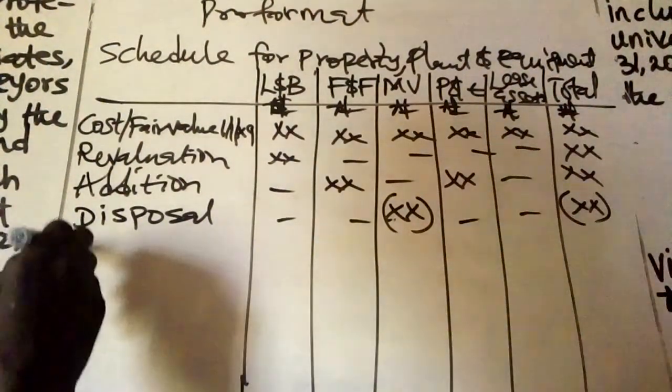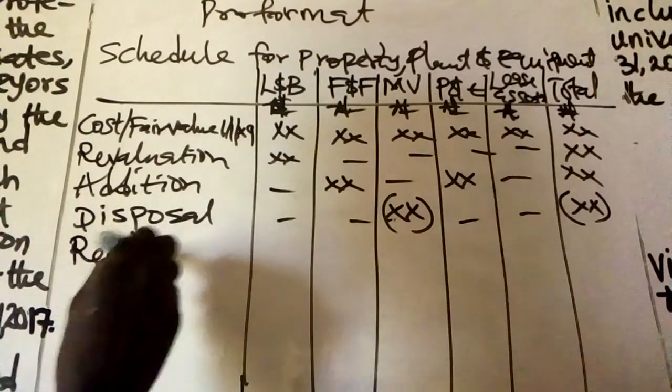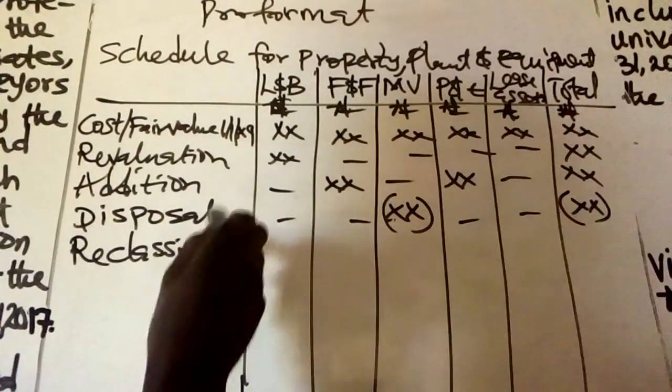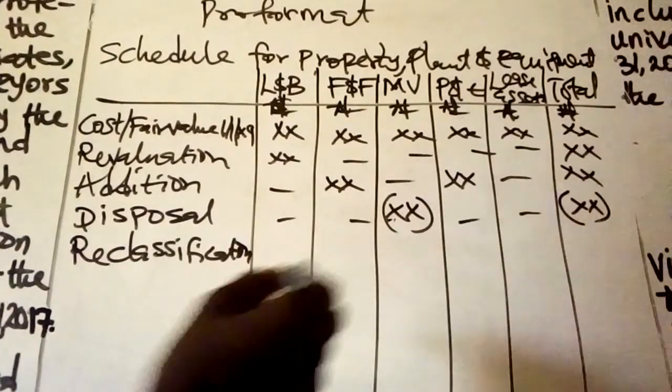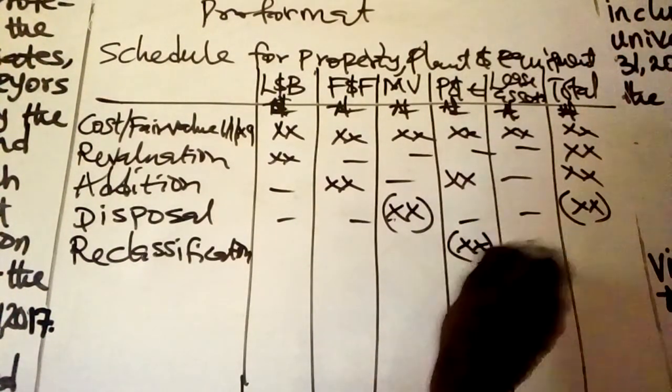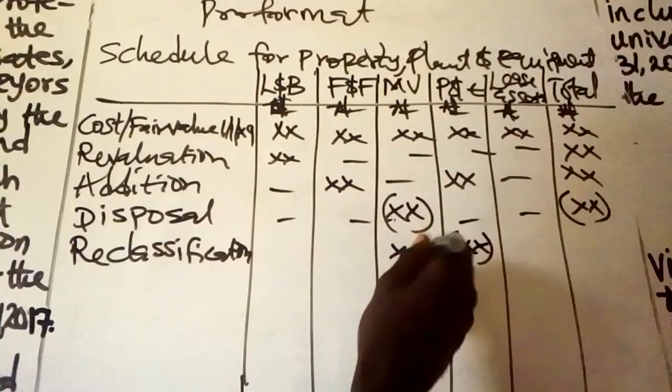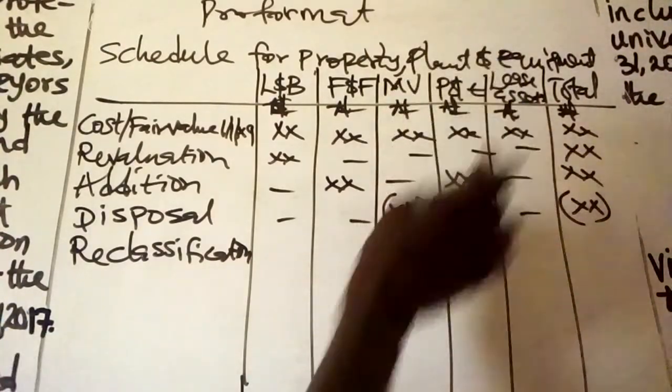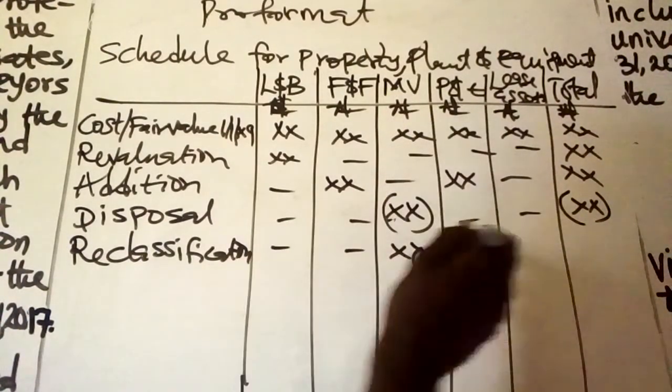Then reclassification. Supposing you want to reclassify some plant and equipment as motor vehicles, it will go out of plant and equipment and come into motor vehicles.